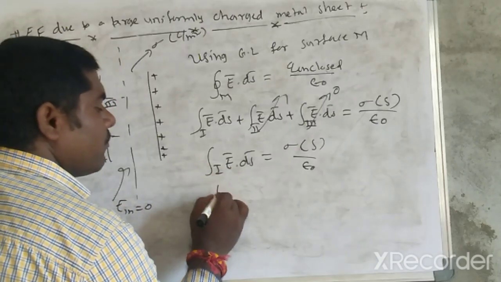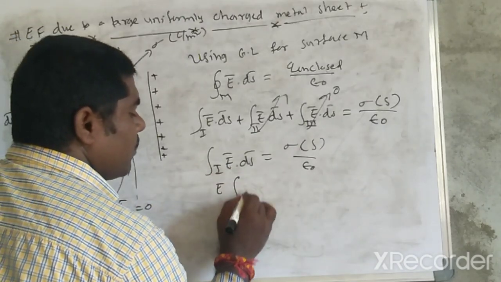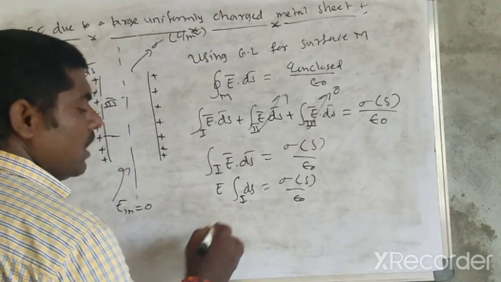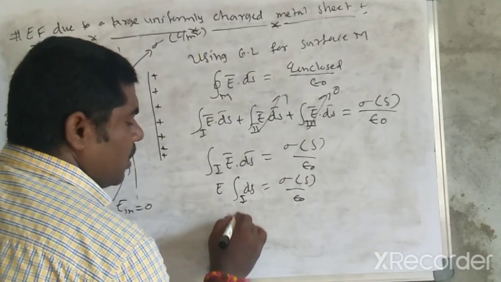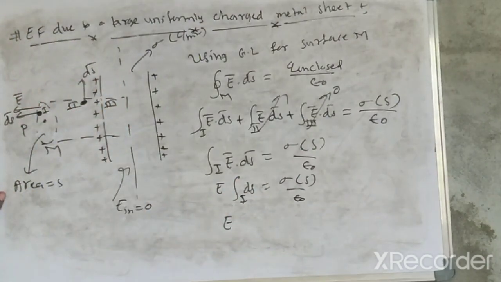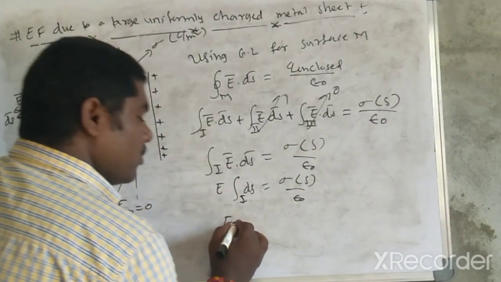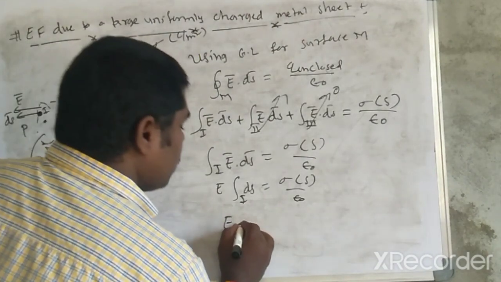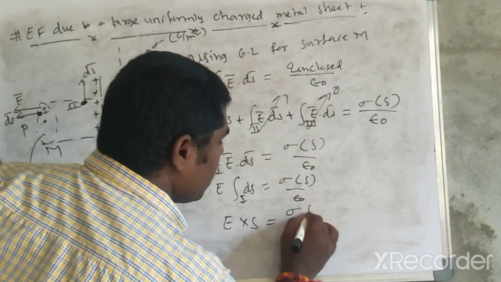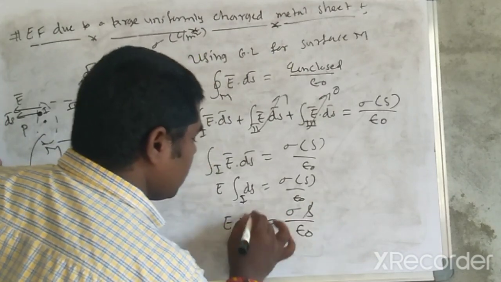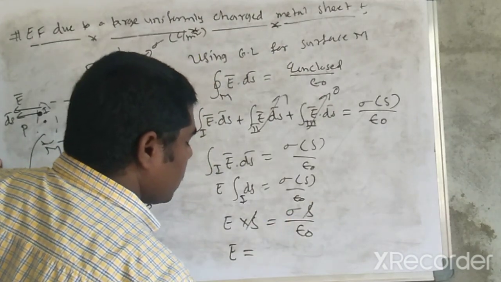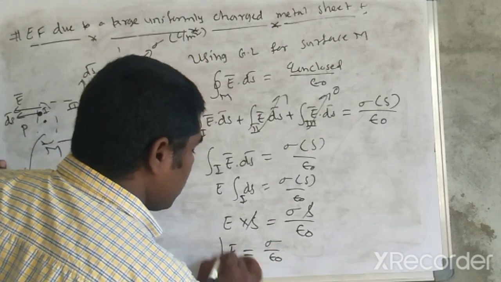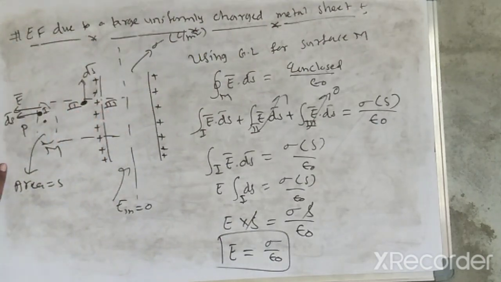The uniform electric field you may write outside the integral, so E into closed integral of ds, which is nothing but the total area S, is equal to sigma into S divided by epsilon naught. S gets cancelled. The electric field due to point P is sigma by epsilon naught.